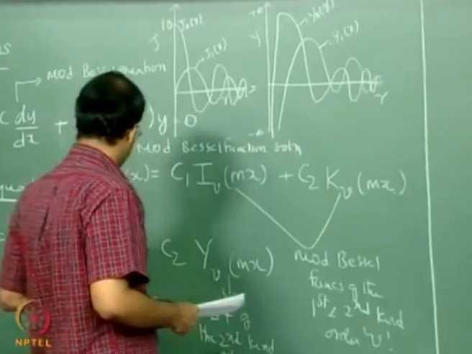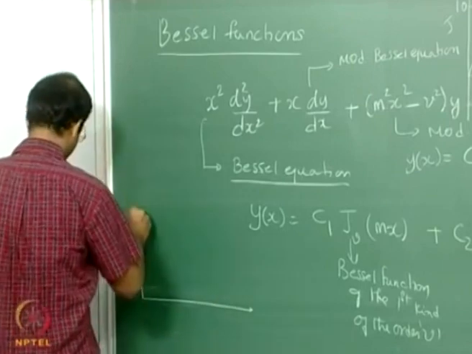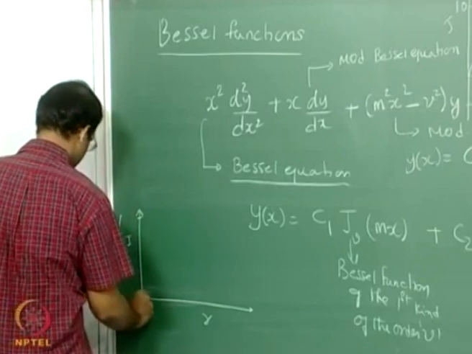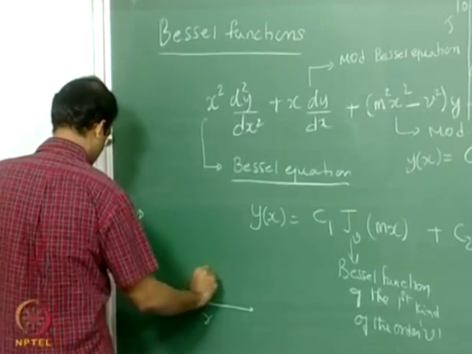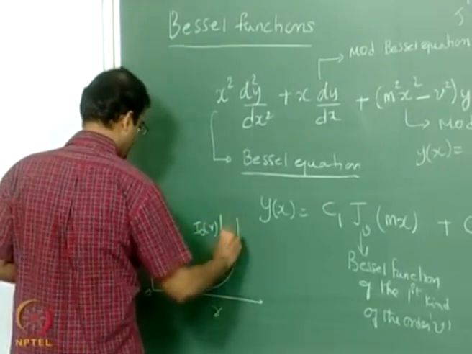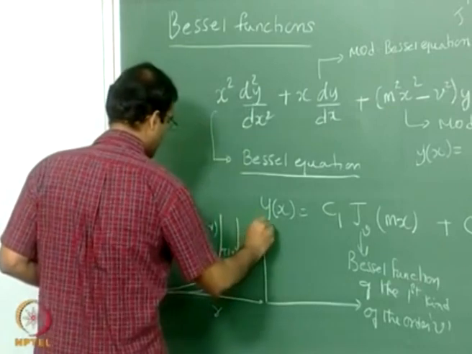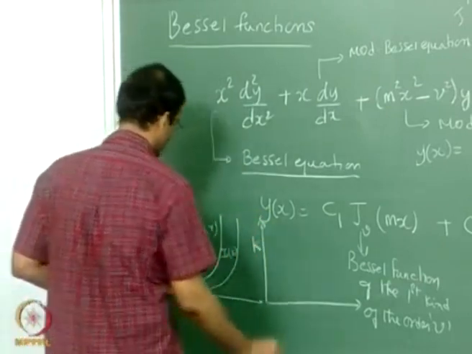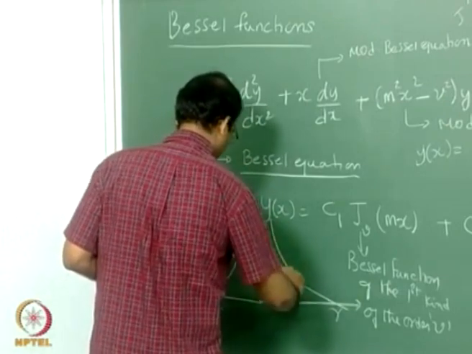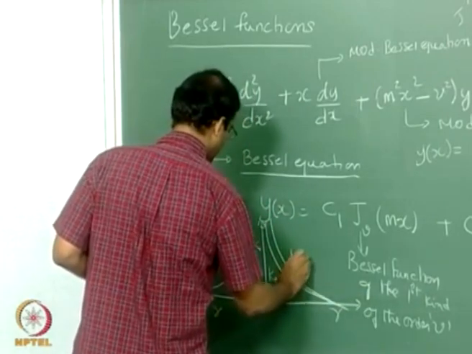Your modified Bessel functions will have a different behavior. So your I versus r, this will always be positive here, so this will be your I0 of r, and then this will be your I1 of r. Similarly, your modified Bessel function of the second kind, that is your K function of r, this is your K0 of r, this is your K1 of r.